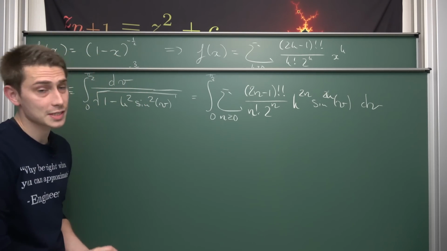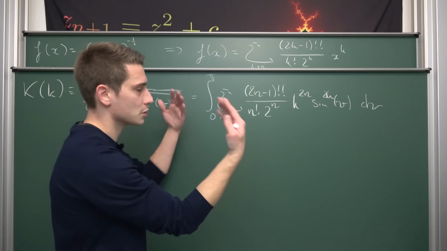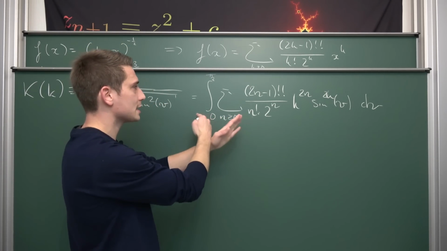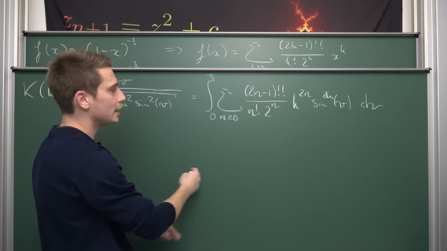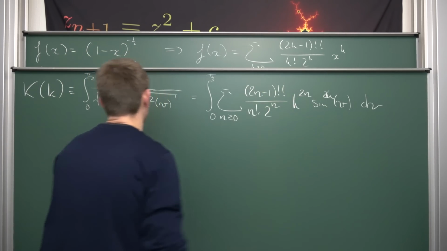And now we are going to play physicist and say we can freely interchange under the condition that everything converges, blah, blah, blah, whatsoever. We are going to interchange the infinite series and our integral, as well as bringing the constants to the outside. So k to the 2nth power and also this chunk that we're having here.